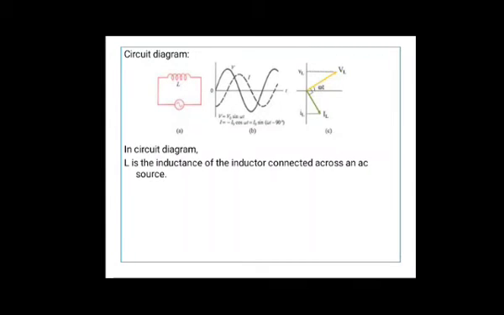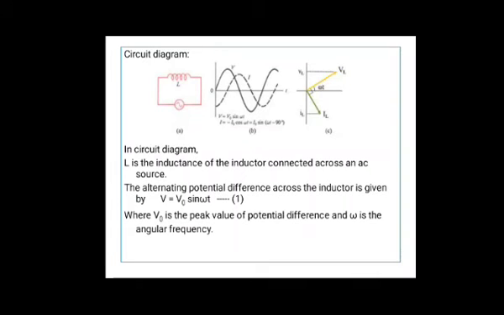It is a coil having inductance L. The alternating PD across the inductor is V = V0 sin ωt. Let us name it equation 1. V0 is the peak value of potential difference and ω is the angular frequency. So the PD across the inductor is V = V0 sin ωt.